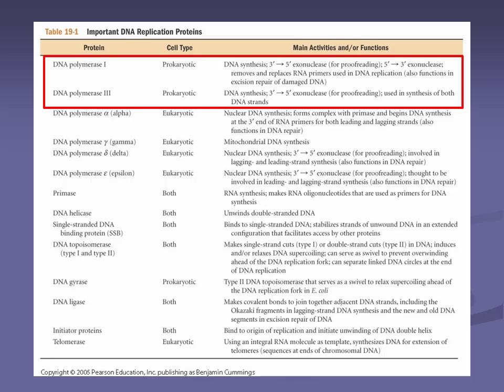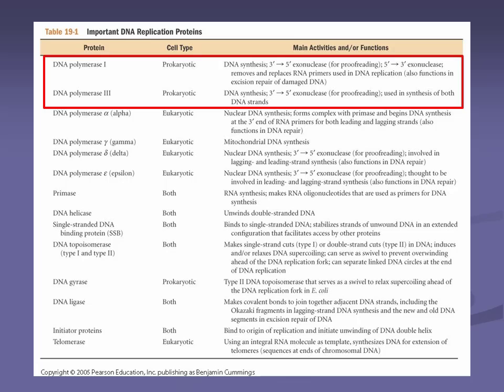So when we first begin the process and primase comes in, produces our short RNA primer, DNA polymerase 3 is going to come in to make our strand, whether it's the leading strand or the Okazaki fragments. But then DNA polymerase 1 is going to come in, remove the RNA primer, and fill that space with DNA. That's what the difference is going to be between DNA 3 and DNA 1.